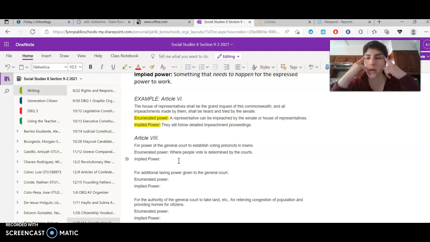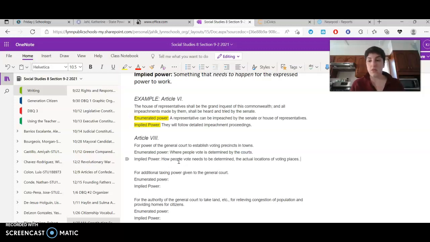We want to think of what could be an implied power. How people vote needs to be determined. So like, is it going to be by paper? Is it going to be on computers? How is that going to be determined? Another one you could make up is the actual locations of voting places.